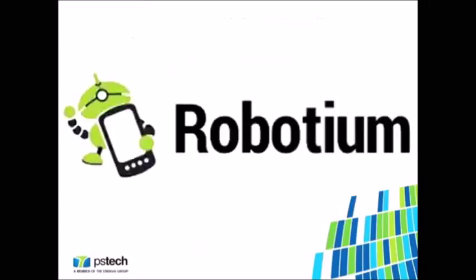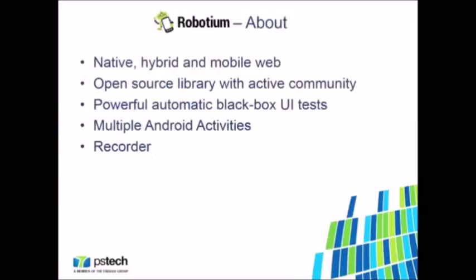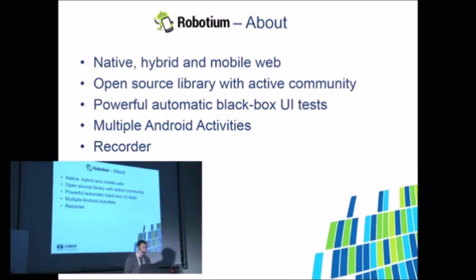So moving to Robotium. Robotium is an Android test automation framework that has full support for native and hybrid applications and also the mobile web. It is an open source library with a very active community, which means that you have new releases almost once per month.